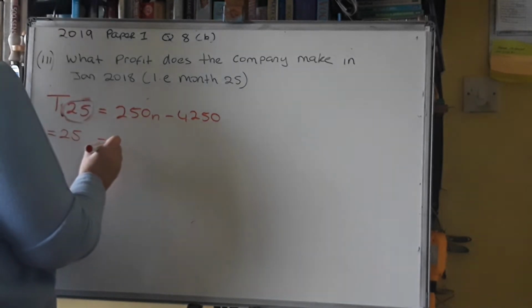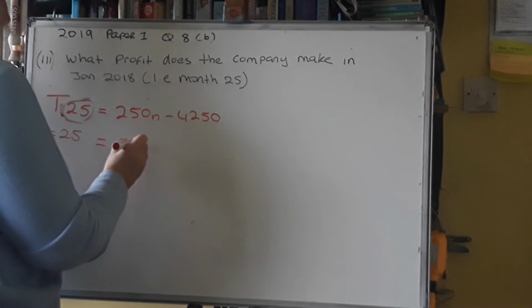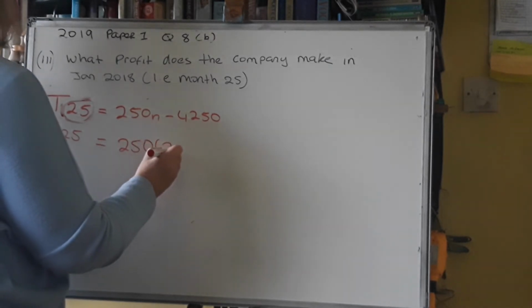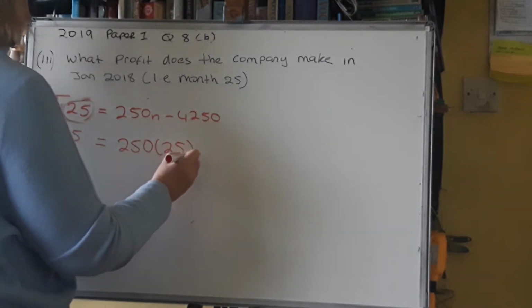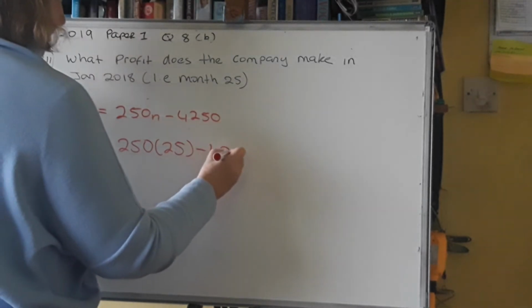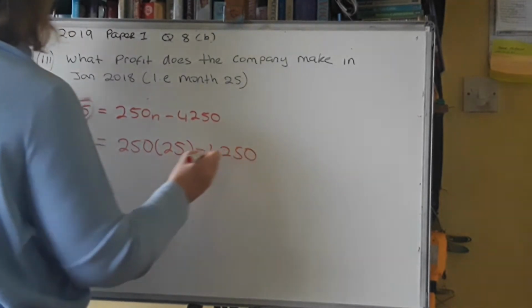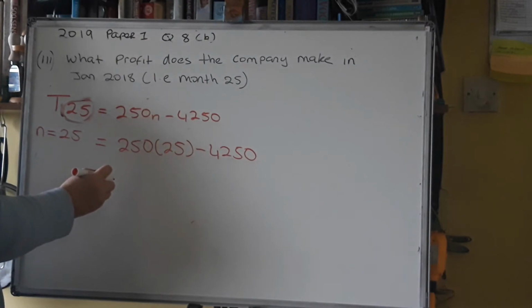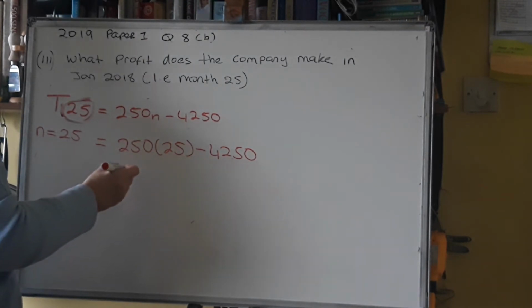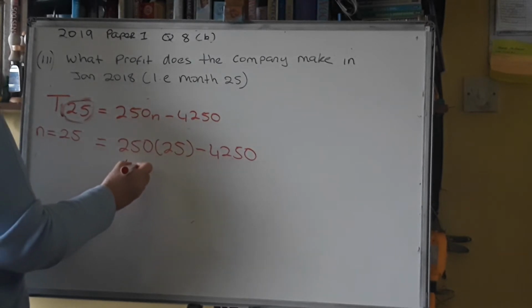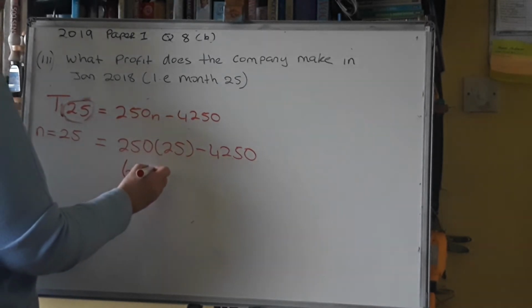So you have 250, and instead of n, we're going to multiply that by 25, minus 4,250. And 250 multiplied by 25 will give you 6,250.